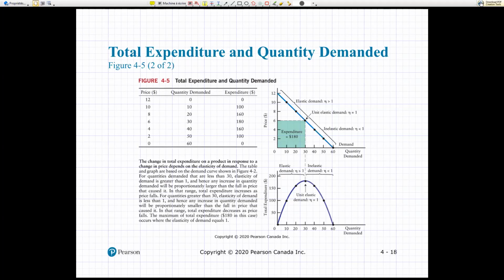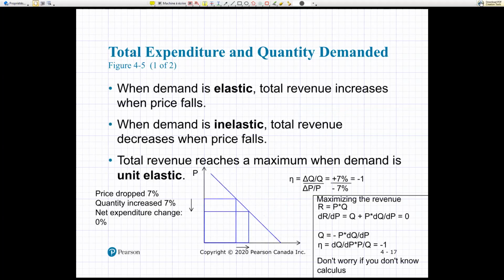Can you go back for like 2 seconds? Thanks. Sir, I was just wondering, what does unit elasticity mean, like in a situation in life, for example? Unit elasticity means eta equals -1, or if it's supply, eta equals 1, or if you mean in absolute value, then yeah.